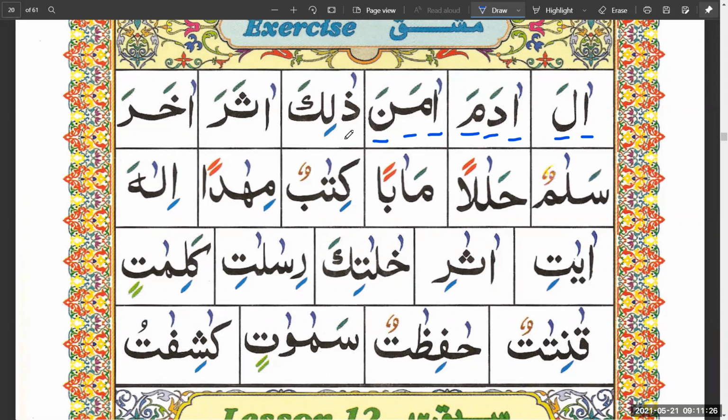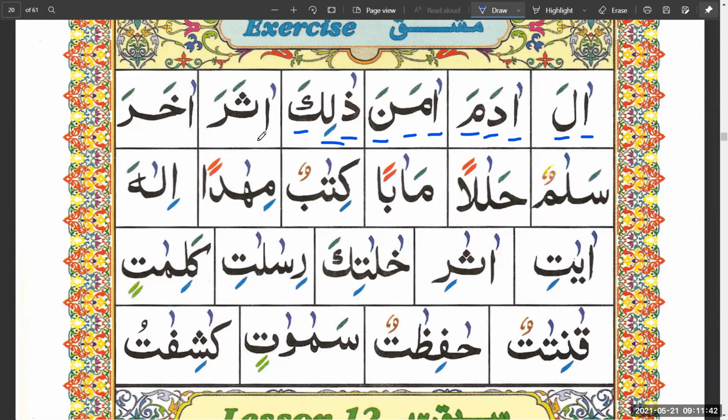Next one, thal standing fatha dha, lam kasra li, kaf fatha ka, dhalika.